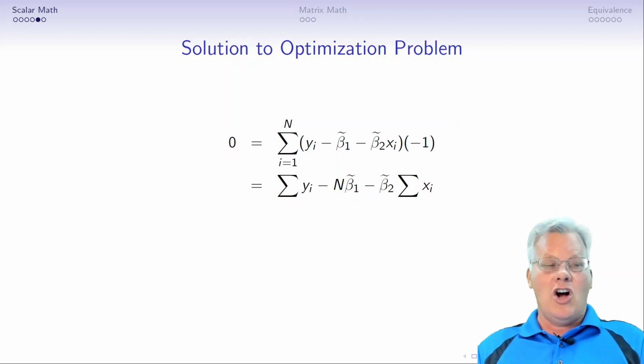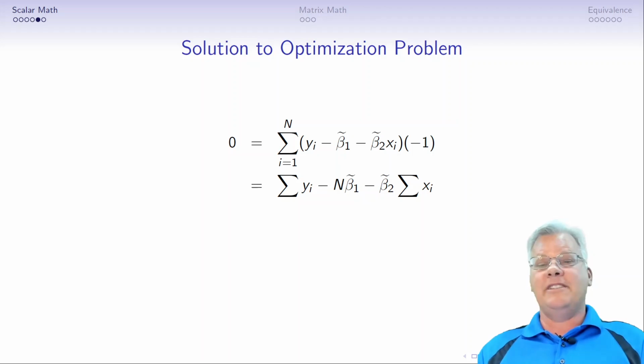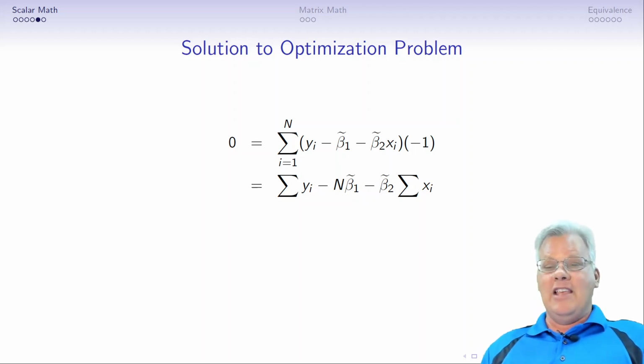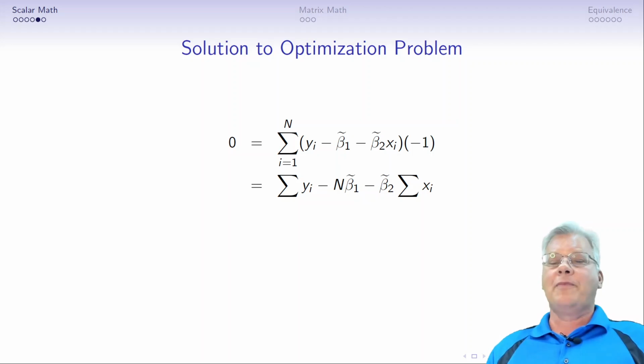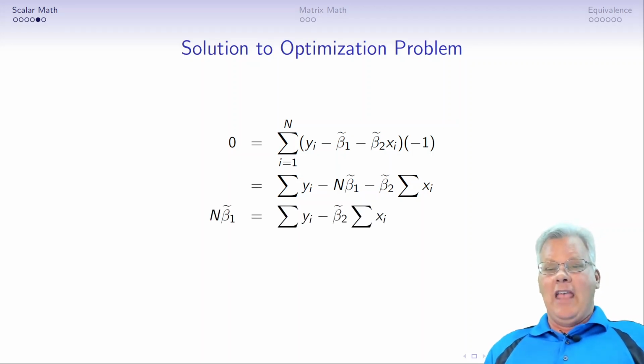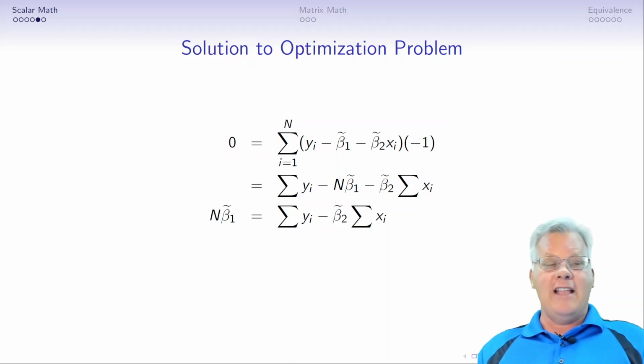If I add a constant to itself n times, the result is n times beta tilde 1. And for the final term, because beta tilde 2 is constant with respect to the index i, beta tilde 2 can come outside the summation term. So I get that second line. And then moving the n beta tilde 1 to the left-hand side of the equality, I get the third line.